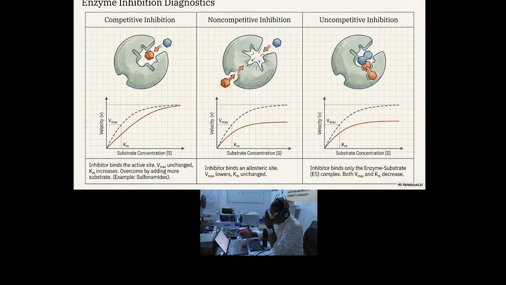You can see now there are three different types of enzyme inhibition. Don't forget, during the glycolytic reaction, or all these metabolic pathways, how are they regulated?